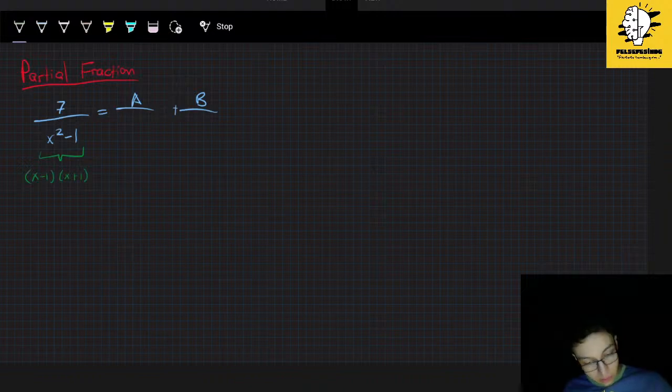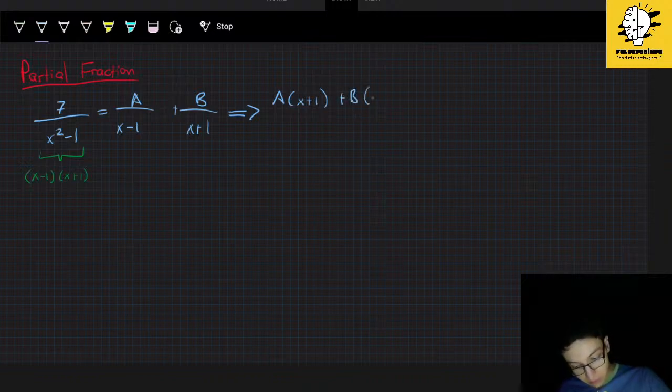Therefore a times x plus 1, cross multiplying, plus b times x minus 1 is equal to 7. Why? Because in the numerator previously I had 7. So cross multiply, add them up, and reach the previous numerator.